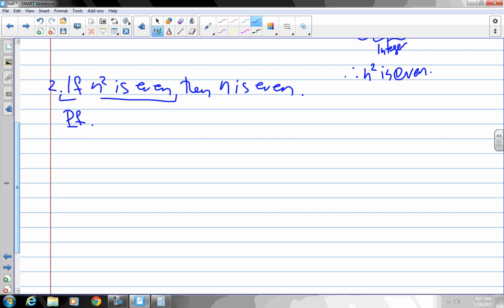So proof by contradiction works in cases where there are only two things possible. It's either this or that. Or if there are three things possible, you've already knocked one of them out. Does that make sense?